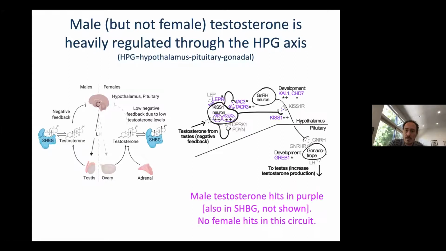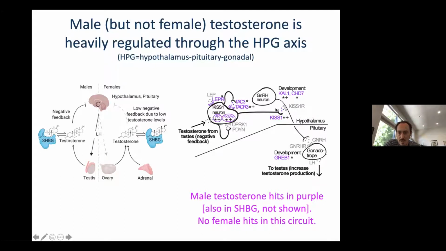And so what we find in males is that we get a large number of hits that are all involved in this positive part of the feedback loop that's shown in purple. So every gene here marked in purple is a genome-wide significant hit in males.